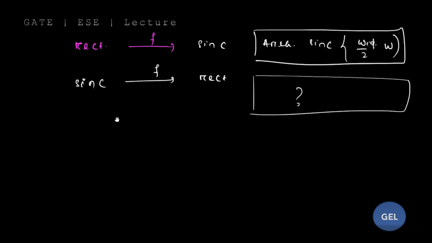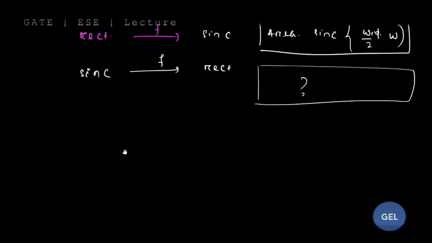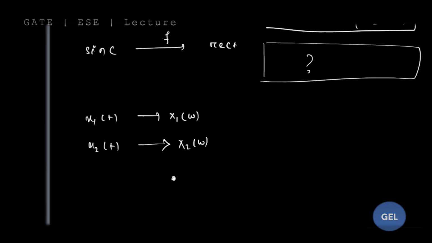Okay. Now how to use this duality property over here? Look here carefully. x1 of t has Fourier transform x1 of omega, and x2 of t has Fourier transform x2 of omega. Clear? Now here x1 of t is nothing but sinc t. You need to find x2 of t.